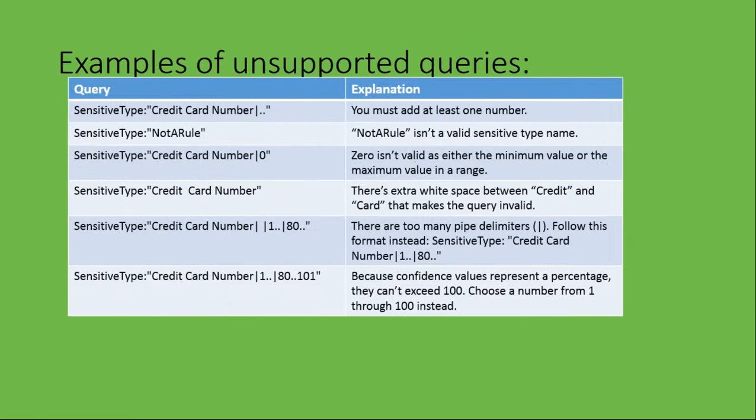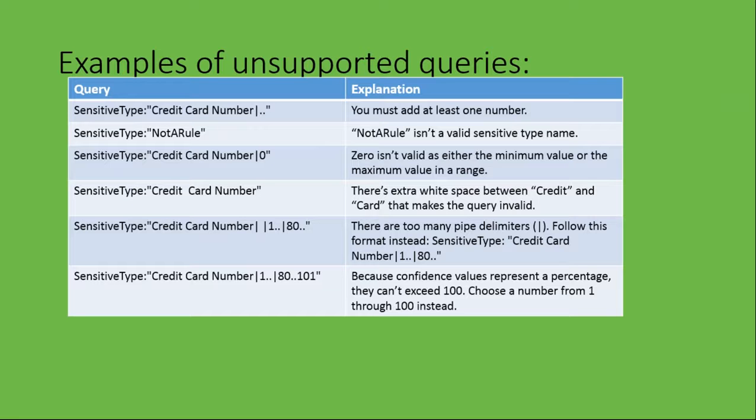Now let's see examples of unsupported or invalid queries. The first example is credit card number, pipe symbol, dot dot. This is not a valid count range or confidence range. There has to be at least one number when we are specifying the range, like minimum 1 to something, or any number to this.